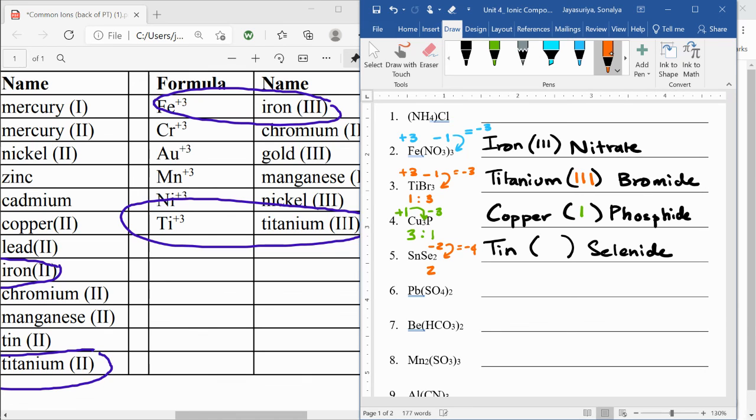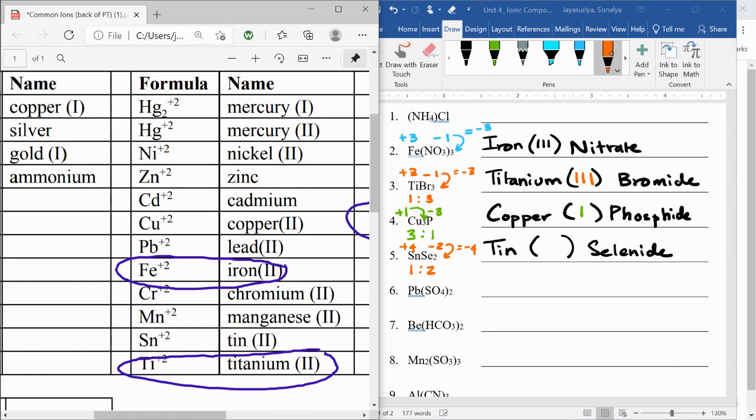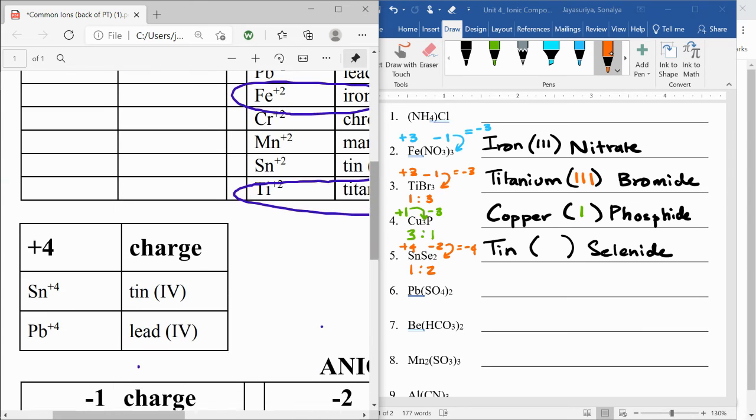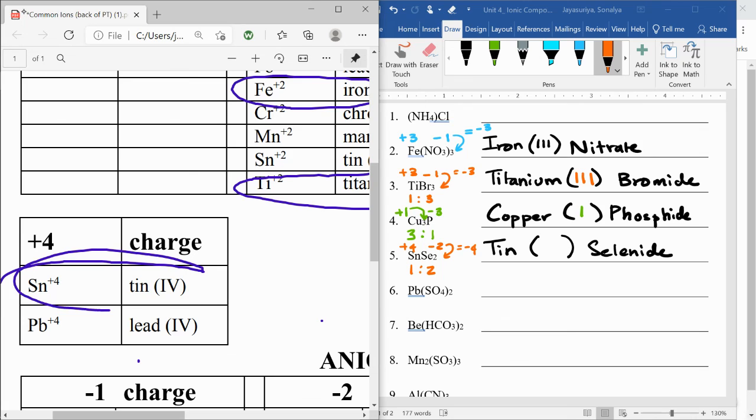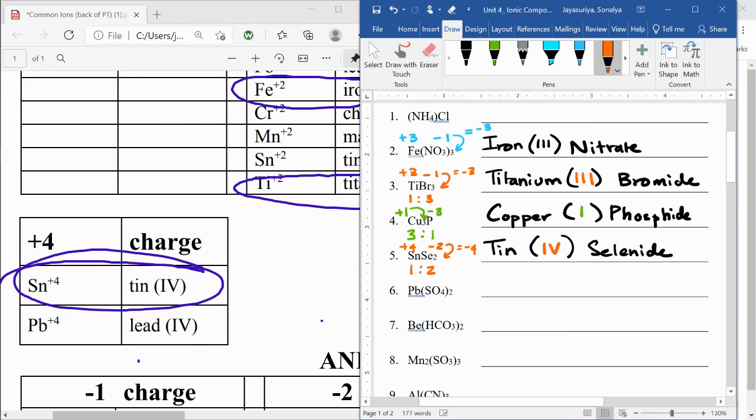There are 2 seleniums for every 1 tin. That means that 1 tin must have enough positive charge to balance out the negative 4. That means that 1 tin is plus 4, which means that this is the tin you are looking for. Okay? Tin 4. So tin 4 right there. Okay? The next one is lead.